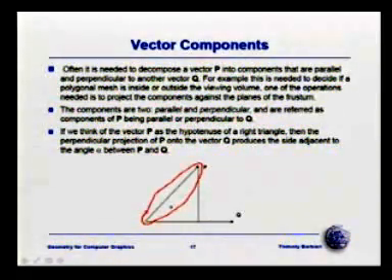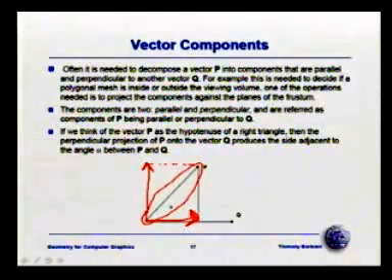This vector can be seen as the sum of this vector and of this vector over here. Do you agree? Right. This is why these are called the components, because you can sum them together to obtain a resulting vector.